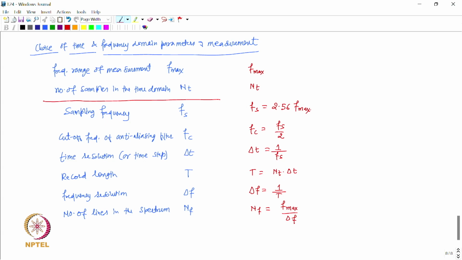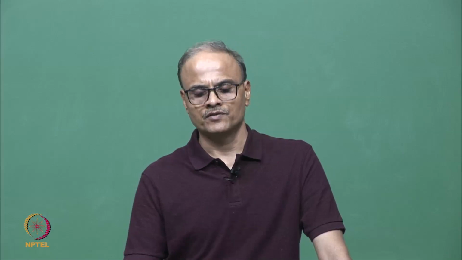NF is also equal to NT upon 2.56. So, these are the relationships which relate the chosen parameters Fmax and NT to all the other parameters describing the time and frequency domain.